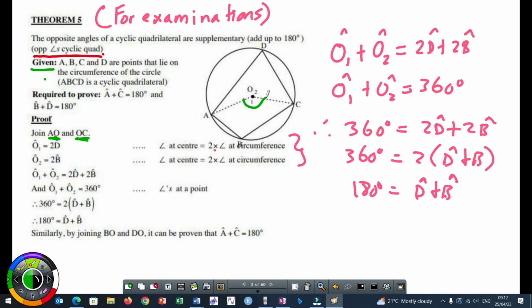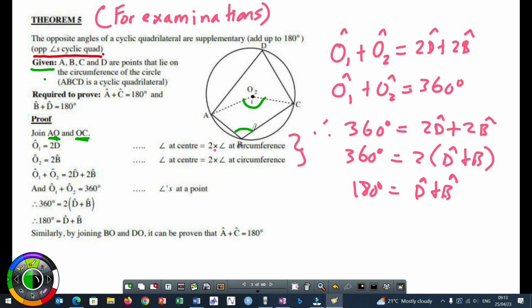This obtuse angle is 2 times angle D. So we say O1 is equal to 2 times angle D, because the angle at the center is 2 times the angle at the circumference. Also, the reflex, which is O2, is 2 times angle B. Please take note there. So O2 is equal to 2B.